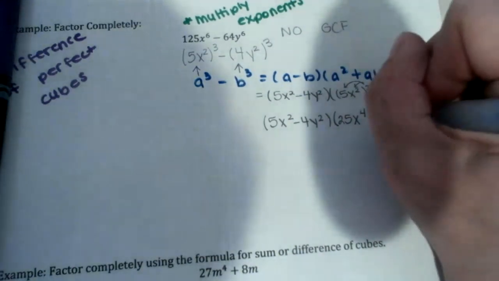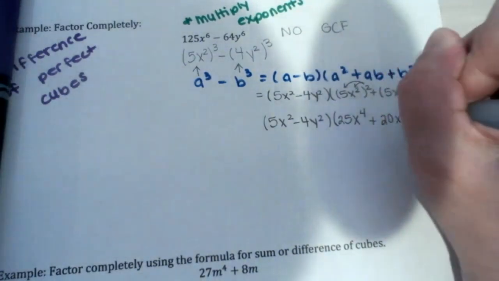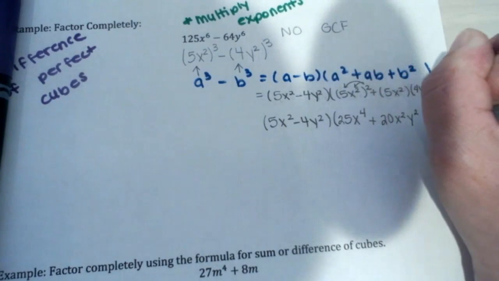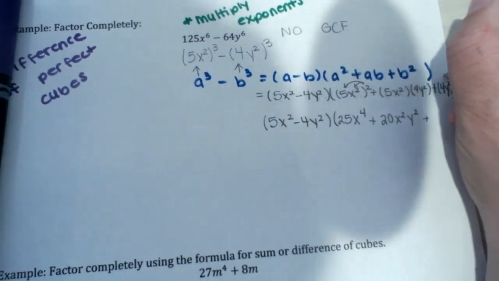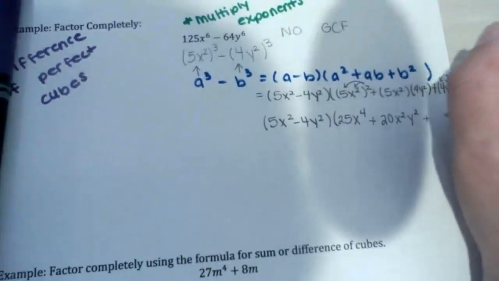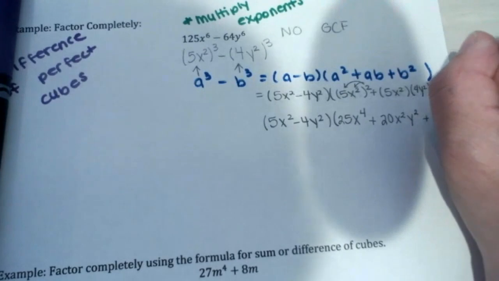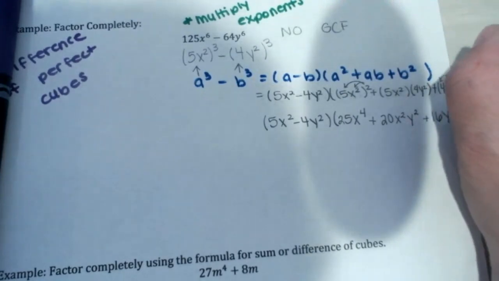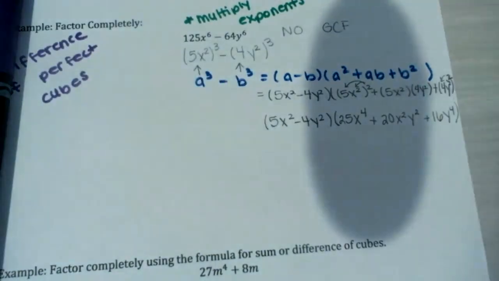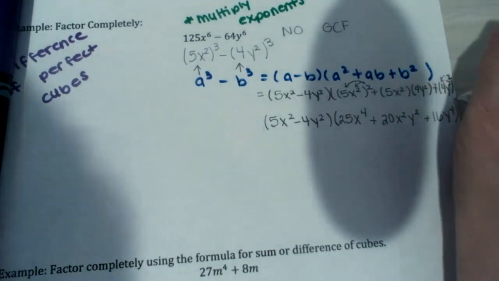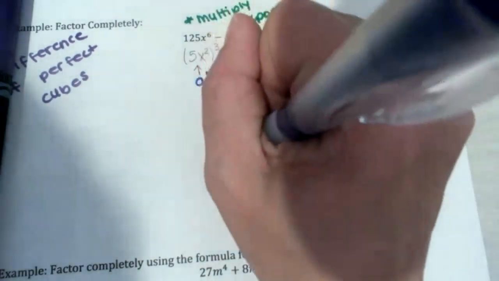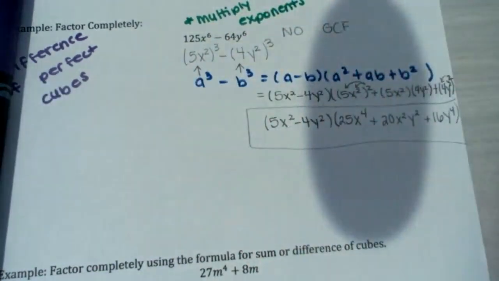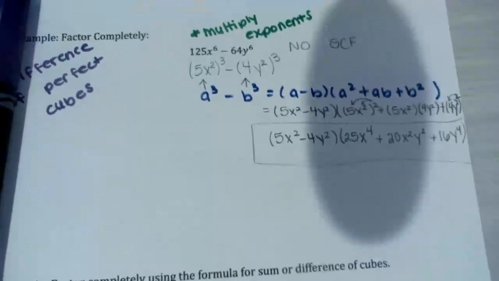So 5 times 4 would give us 20, x squared times y squared, plus 4y squared squared. Remember that squared is going to go to the 4, so 4 squared is 16. Y squared squared would give us y to the 4th. And that's our final answer: 5x squared minus 4y squared times 25x to the 4th plus 20x squared y squared plus 16y to the 4th.